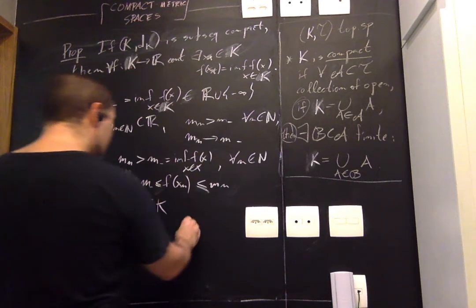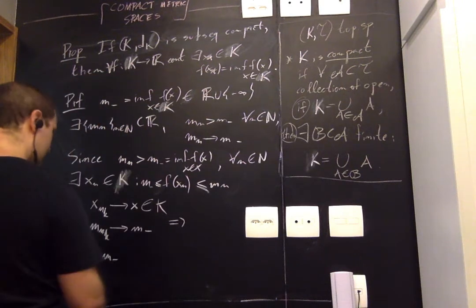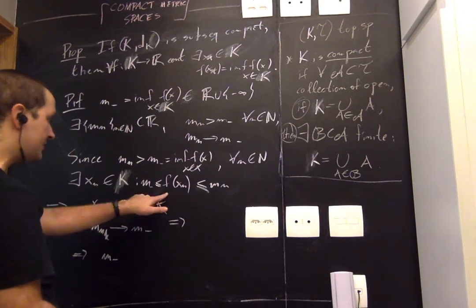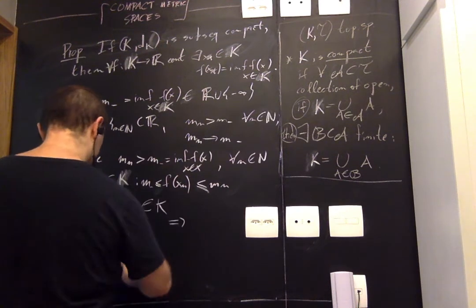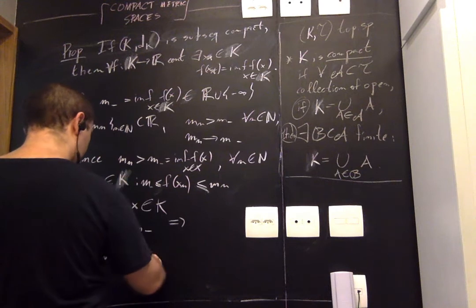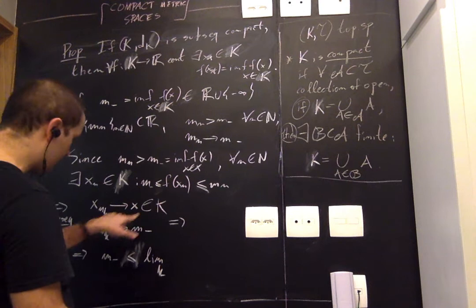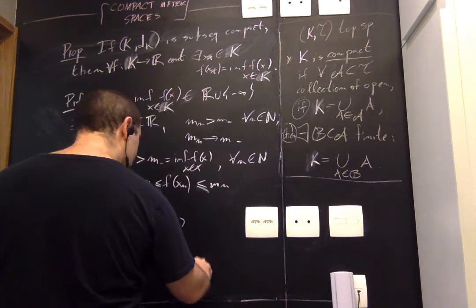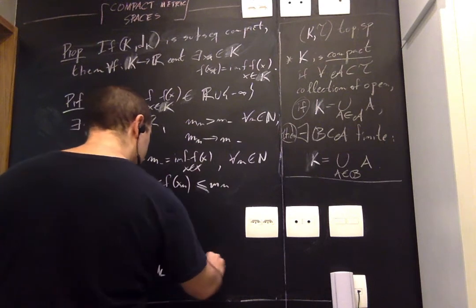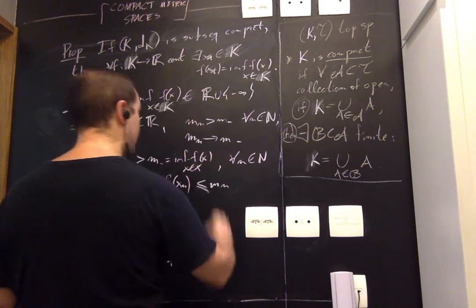Now, these two things together, they tell me that m minus, okay, so f is continuous, right? Since f is continuous, I know that the limit of f of x sub n sub k is equal to f of, sorry, let me call this x star, just to match the guy on top.